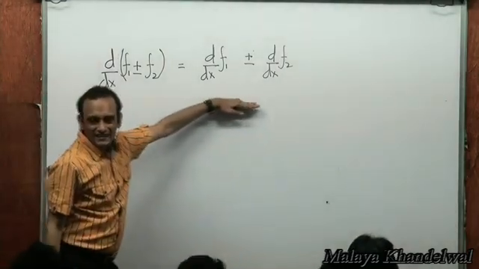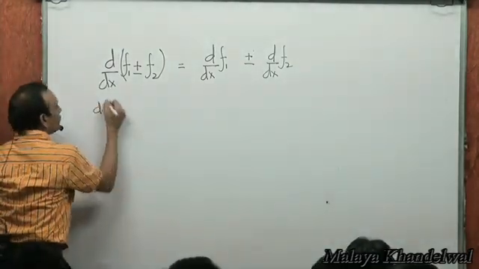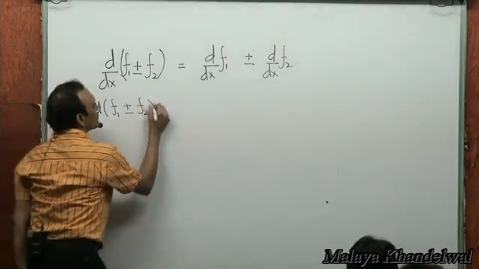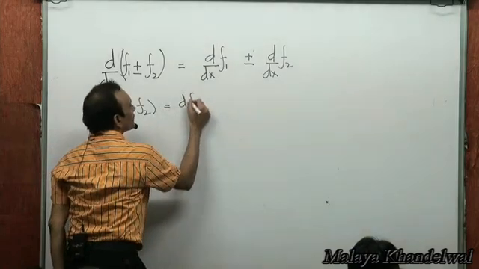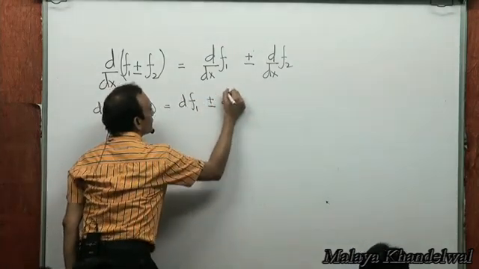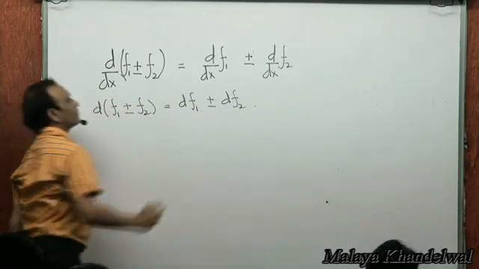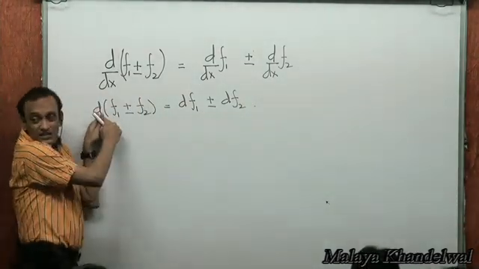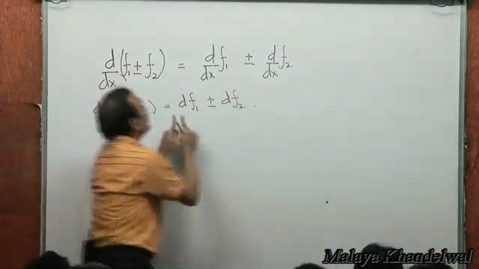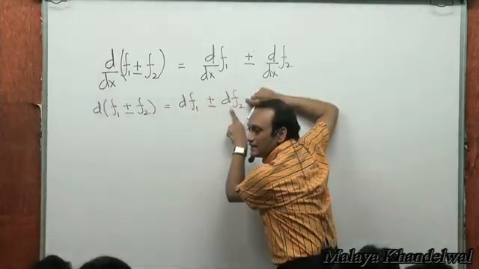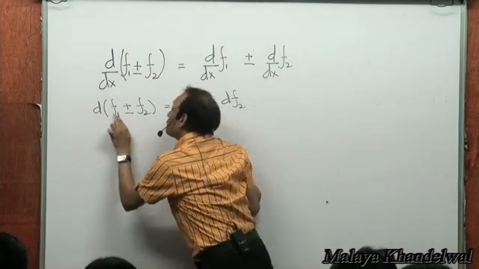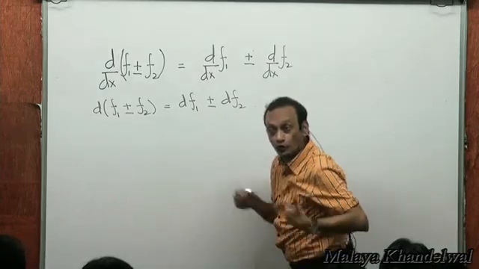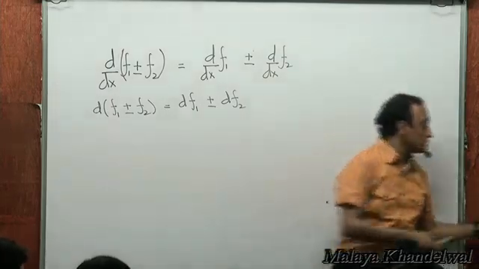Multiplying throughout by dx, I get d of (f1 ± f2) is df1 ± df2. That means d means a change. A change in f1 + f2 is the change in f1 plus the change in f2. Change in f1 - f2 is going to be change in f1 minus change in f2. This is how you want to physically interpret this, right?